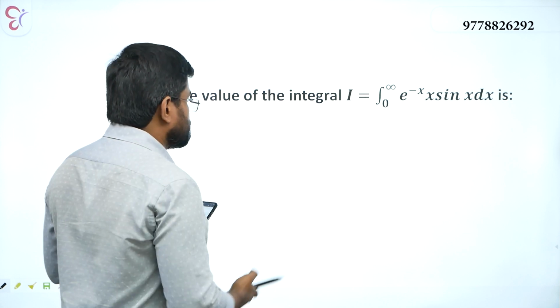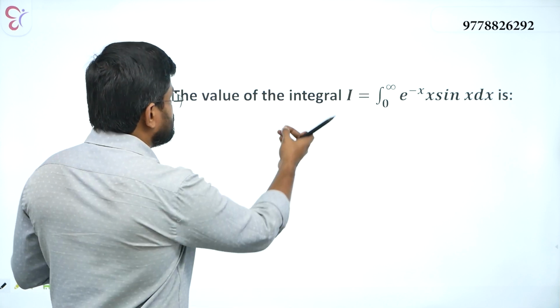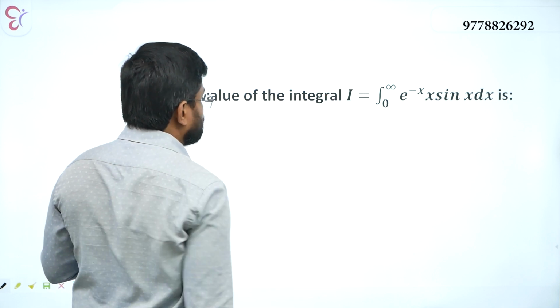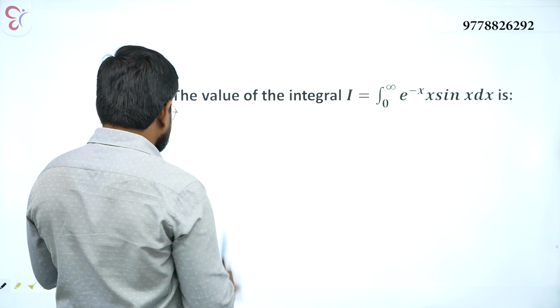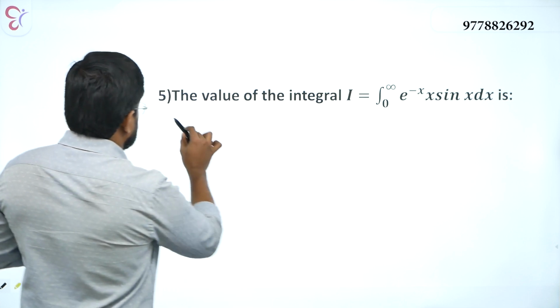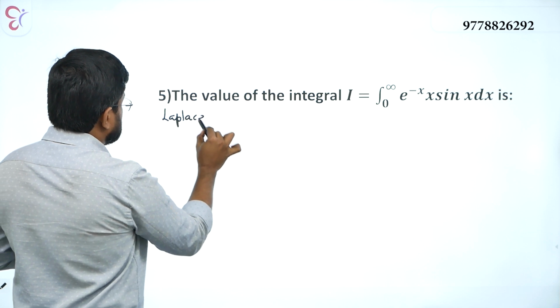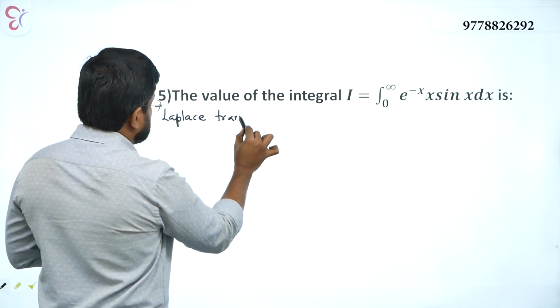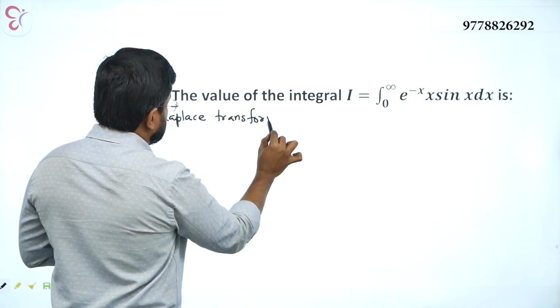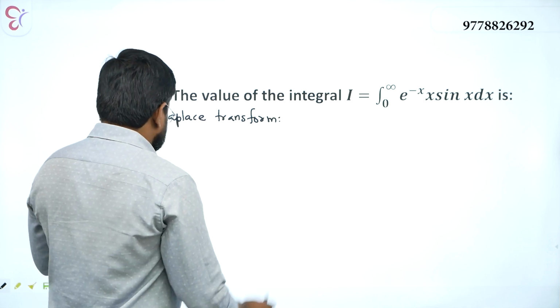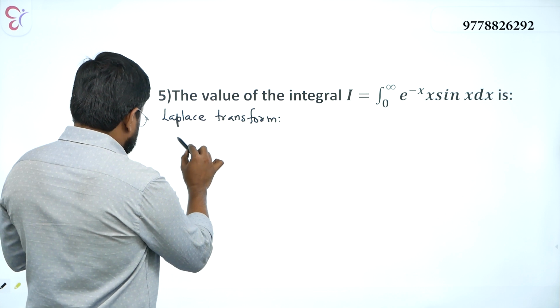Okay, let us try to unbind these kinds of integrals. See, you have studied Laplace transform, isn't it? You will definitely have studied Laplace transform. So what is the Laplace transform of sin x?